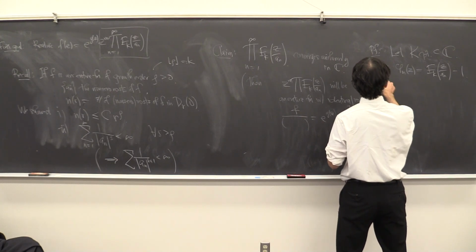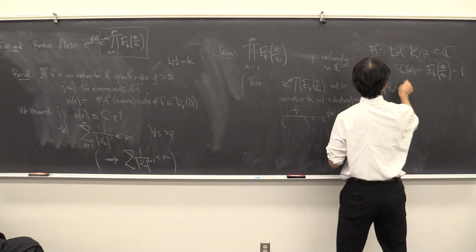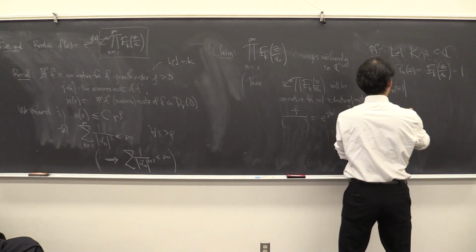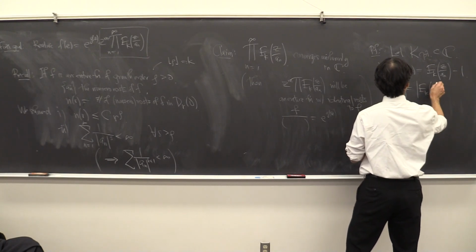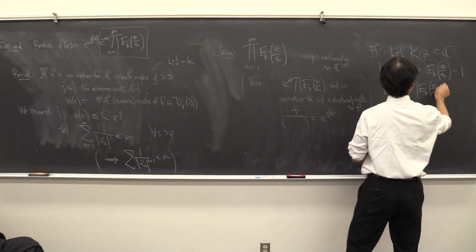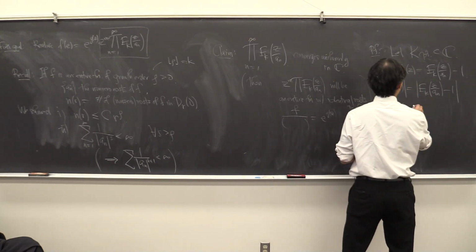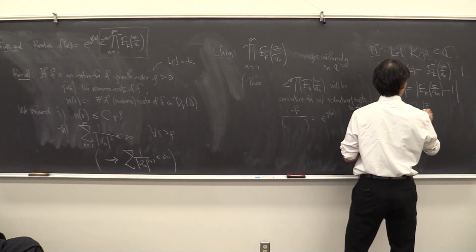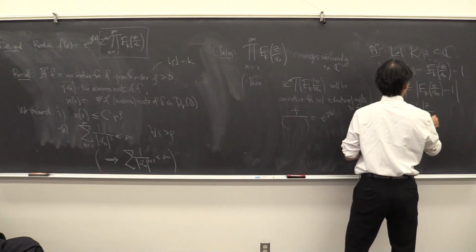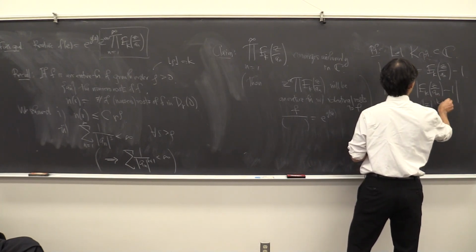So what's the point? Well, this thing is just as before. This is just by definition, of course, but just as before, we get the bound that this is controlled by z over A sub n quantity to the K plus 1.